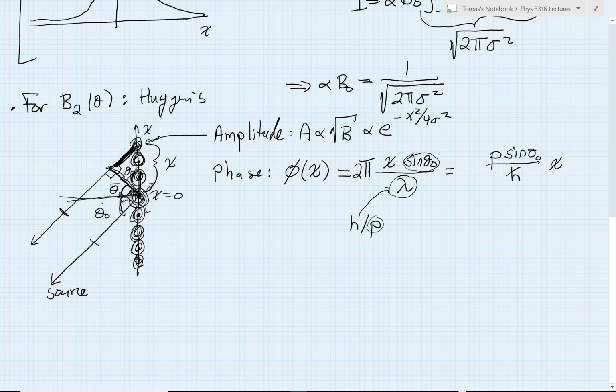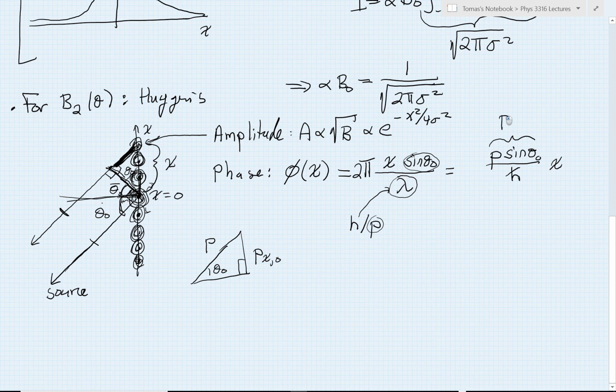And why this catches my attention is that momentum times sine theta naught tells me something very interesting. Because I know my particles are traveling along at this angle theta naught with respect to the horizontal. And if I take their total momentum p times the sine of theta naught, that is telling me the momentum that they have in the x direction initially as they come from my source.